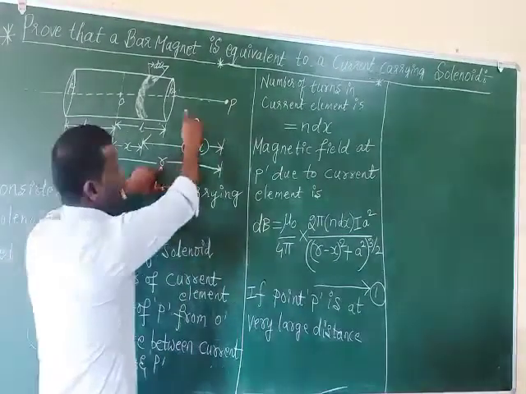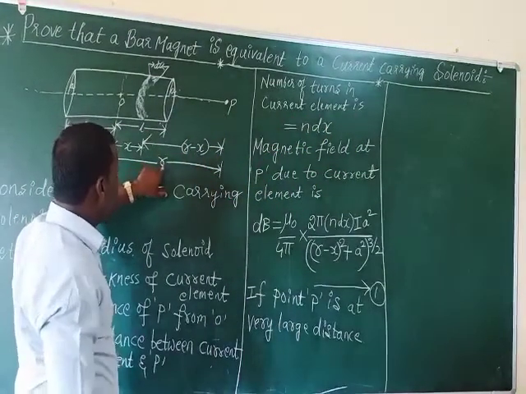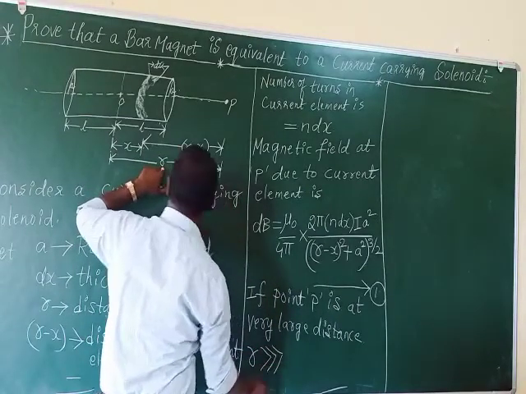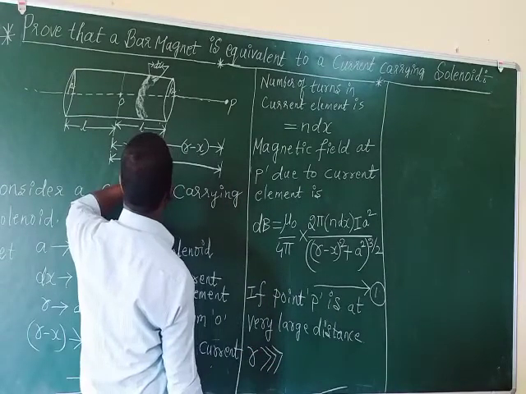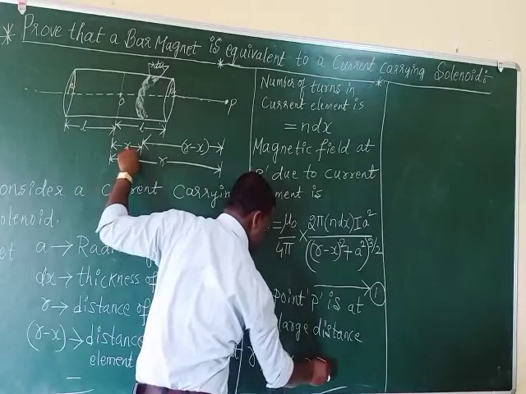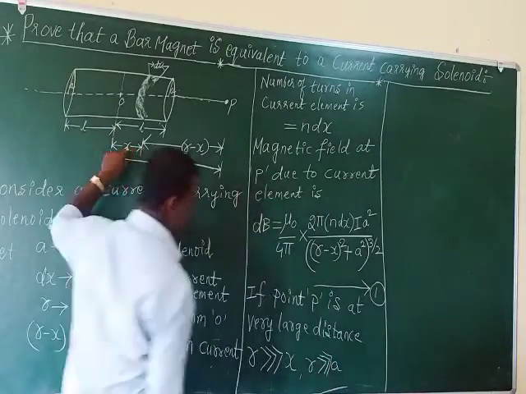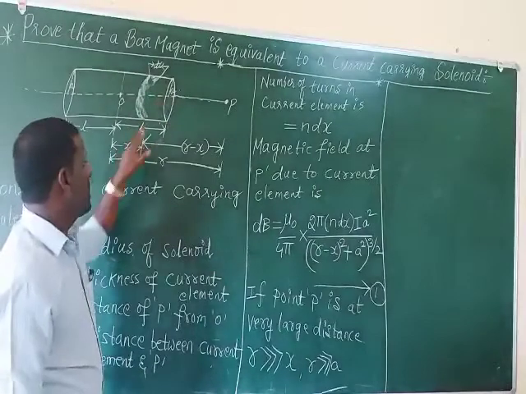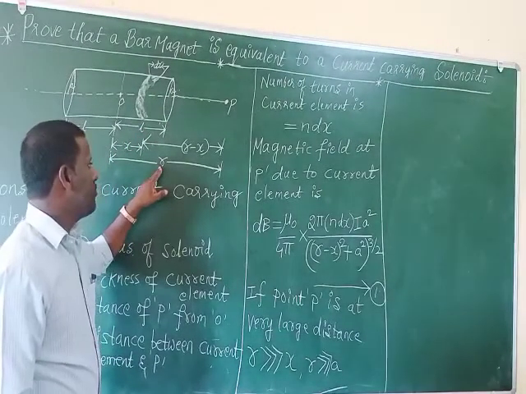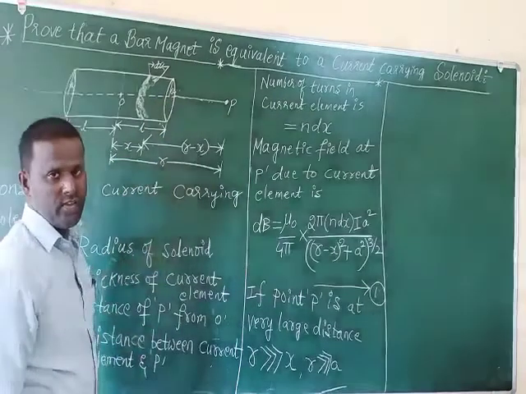If the point P is at a larger distance than this, then r becomes very much greater compared to x. R becomes very much greater than a, which is the radius, and this distance x. Clear?